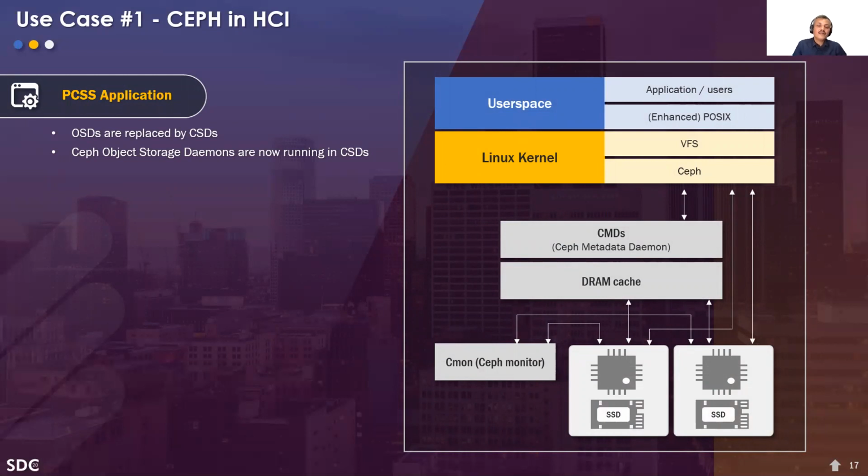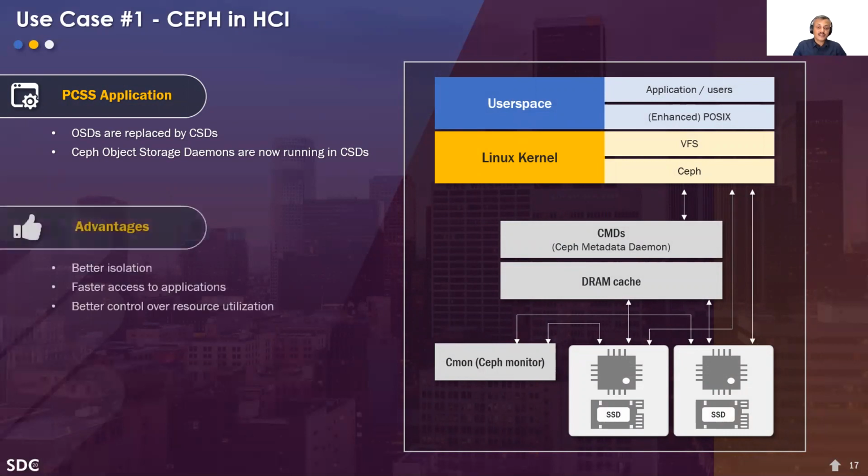And so we have a flexibility of low power, relatively low cost nodes and an array of them. And we can offload all the Ceph daemons onto the CSDs and eventually build a distributed Ceph system on top of CSDs itself.